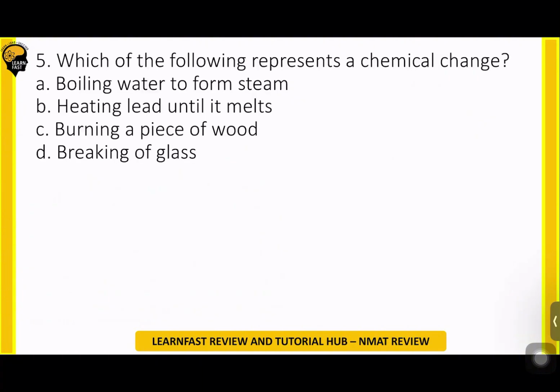Number 5, the question is which of the following represents a chemical change? Letter A, boiling water to form steam. Letter B, heating lead until it melts. Letter C, burning a piece of wood. And letter D, breaking of glass.